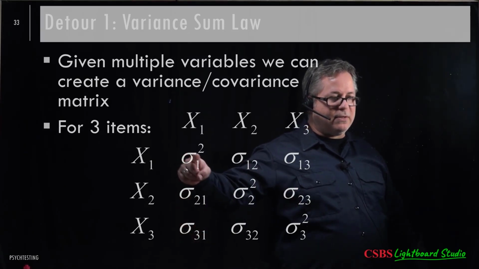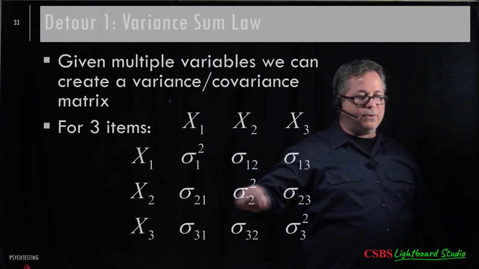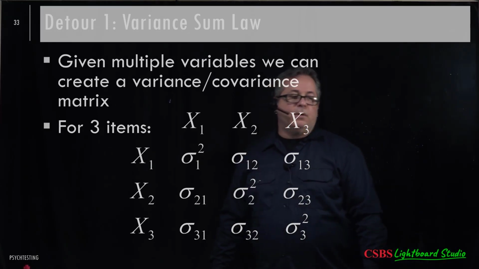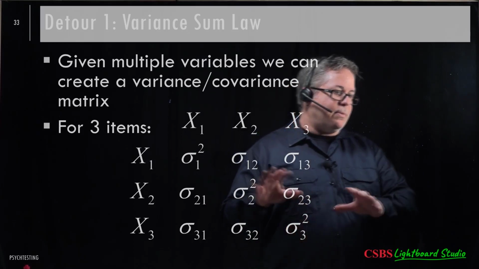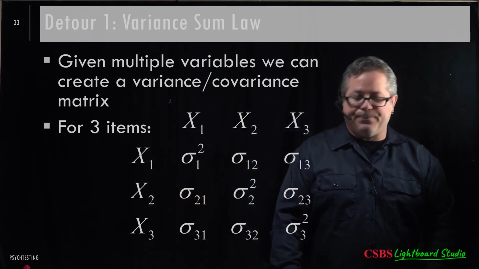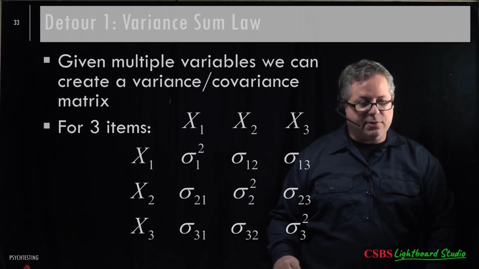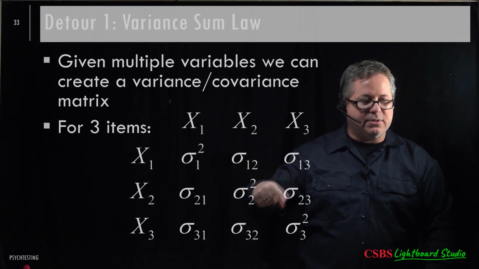This diagonal is actually the variances. The off diagonals are the covariances, and they just repeat on both sides. So make sure that's clear. Ask questions here, because we're going to talk about how we can use this to our advantage. Questions about this? Variances down the diagonal, covariances on the off diagonal.